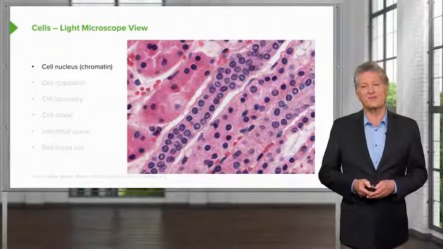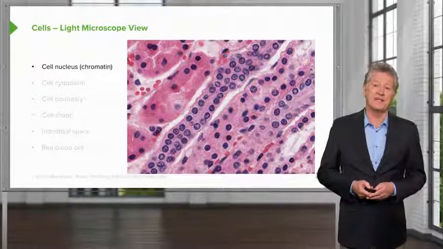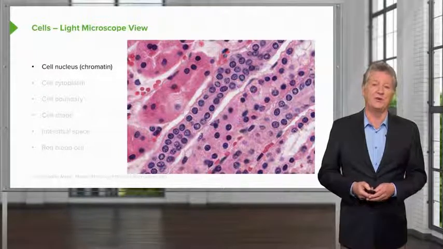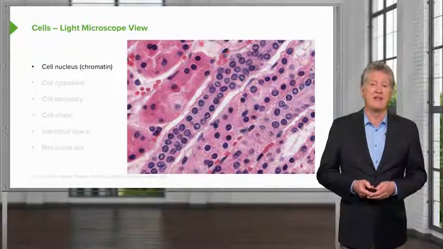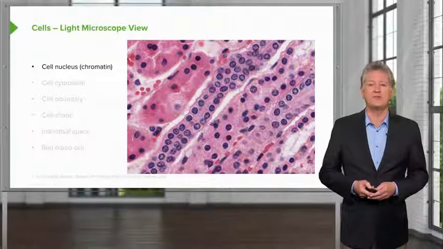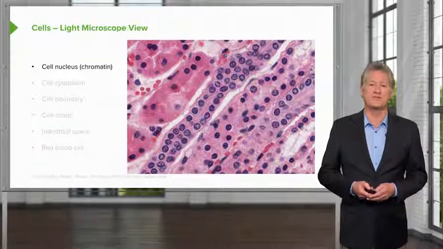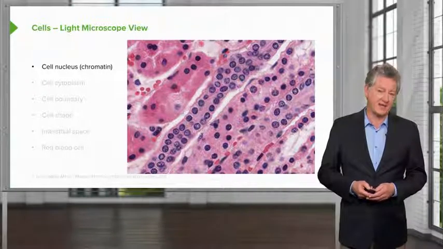Now here's a section through a piece of tissue. It happens to be in the kidney of the human. And what I want to do is just initiate our talk of what's in a cell by just focusing on the structure that's running down from the top right-hand side of the image to the bottom left-hand side.